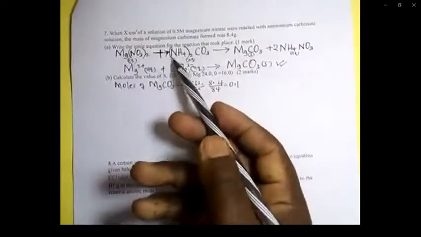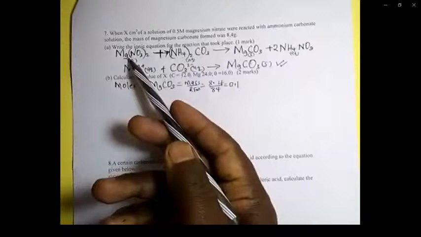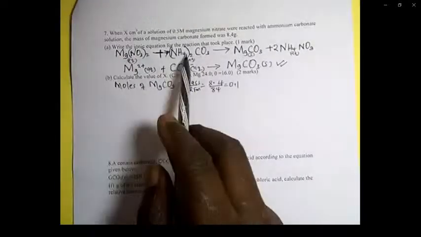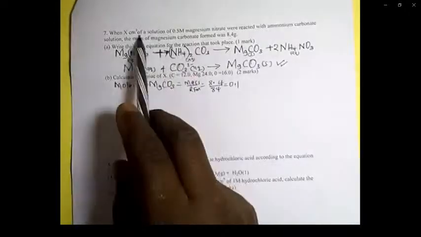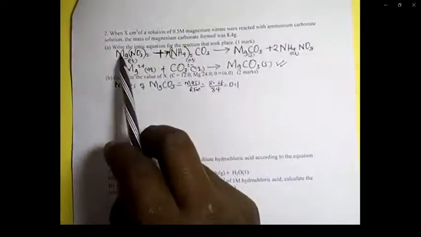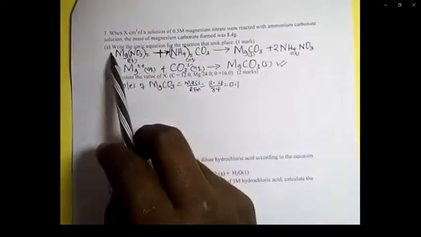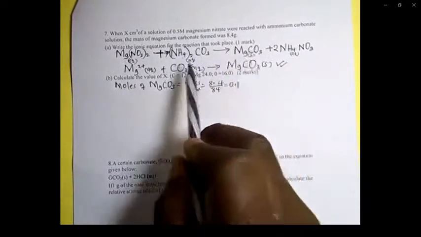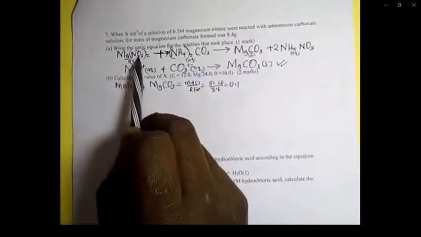But from the equation you can see the ratio for magnesium carbonate and the magnesium nitrate, where we want the X solution of magnesium. So we are comparing this and this. The ratio is 1 to 1, meaning that the number of moles of magnesium carbonate and the number of moles of magnesium nitrate is the same.